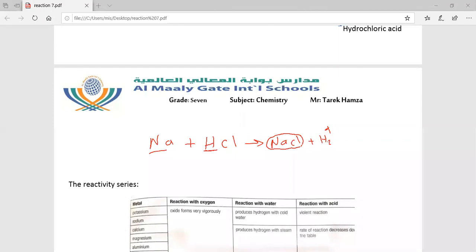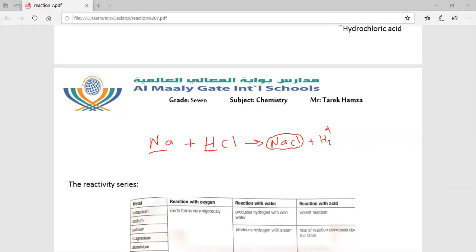But do you understand why the copper replaces silver? Because copper is a more reactive metal than silver. This is the answer. If you get a question, give the reason why the copper displaces the silver in its solution: because the copper is more reactive than silver.